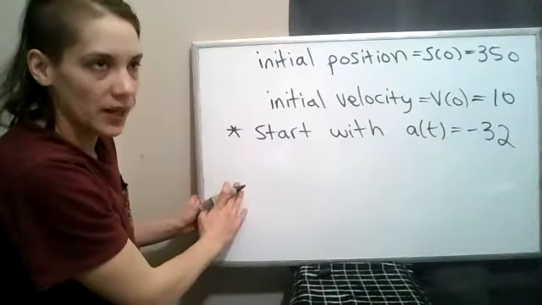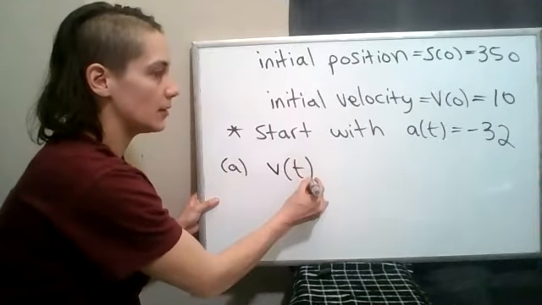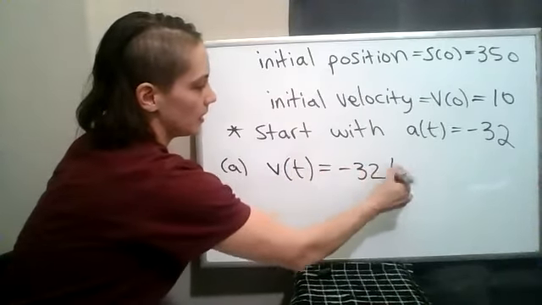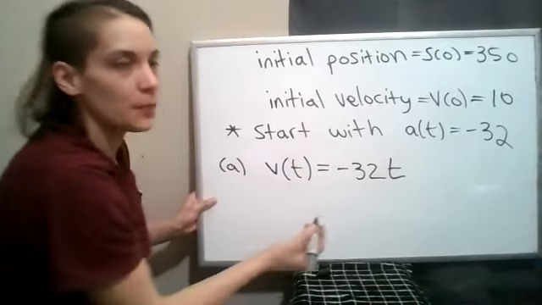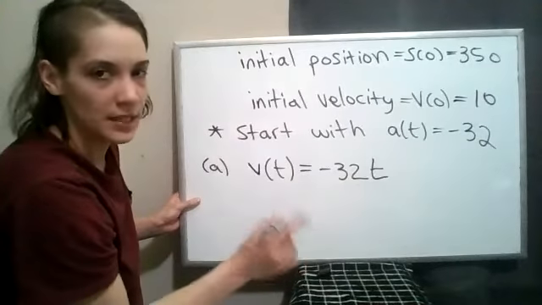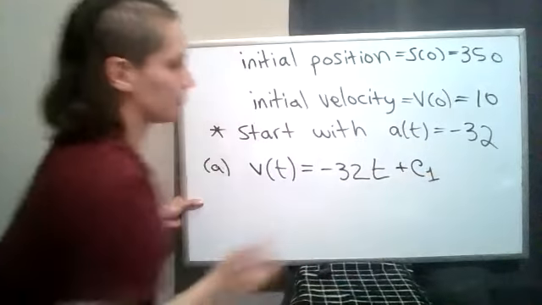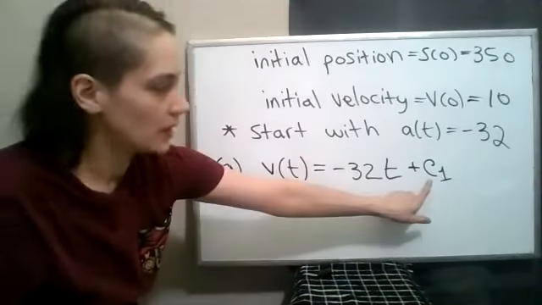So I call this part A. Part A, get an antiderivative, which is a general solution. We'll have v of t as the antiderivative, and it will be negative 32t plus some constant we're going to call c sub 1. So plus some number.